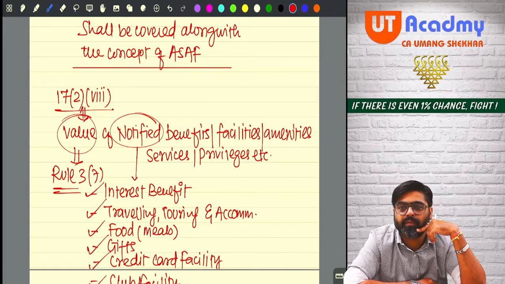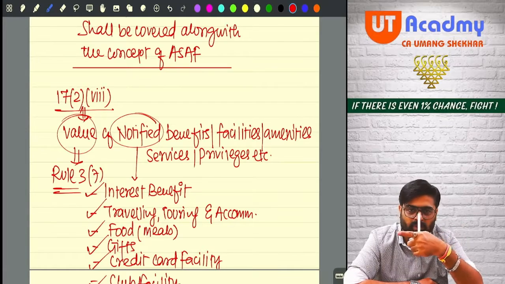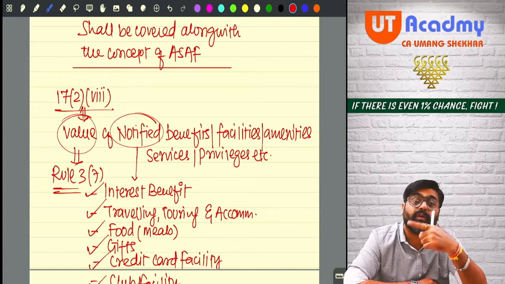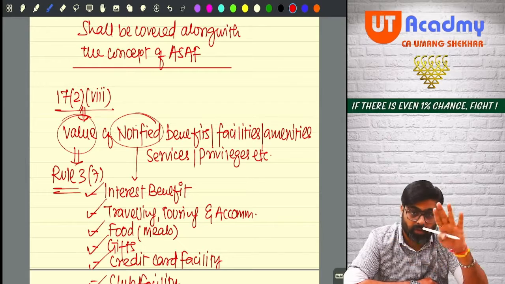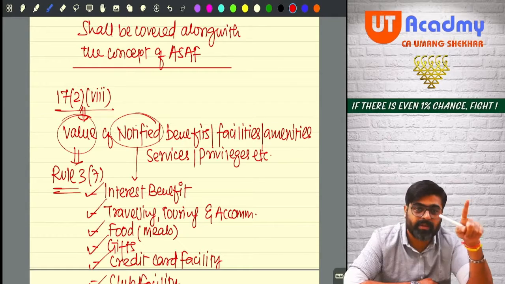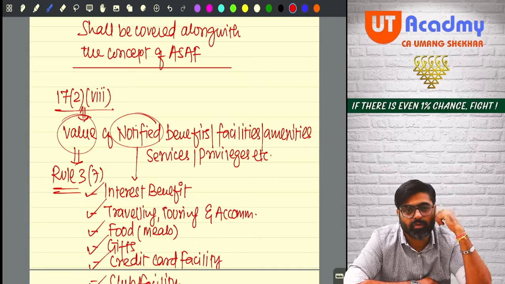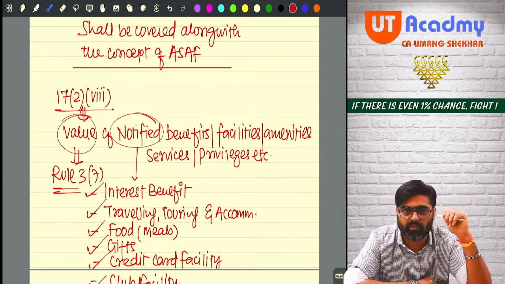So first the value will be determined as per rule 3 sub rule 7, and now that benefit which you have valued as per this rule will be chargeable under the head salary. Done? So one by one we are going to learn the valuation of all these perquisites.